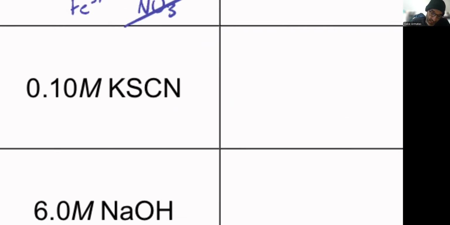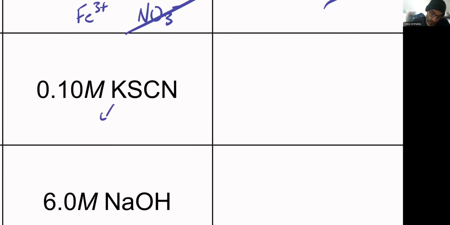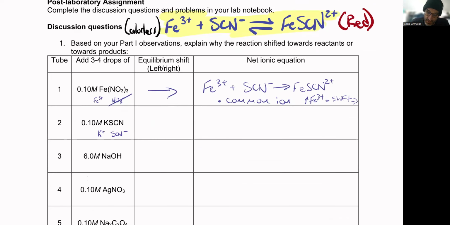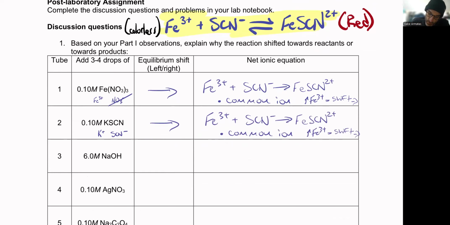So the next one, KSCN. Again, really what I have is K plus and SCN minus. Are either of these in the equilibrium? And it is actually the same exact reason as the previous one, but instead of iron, it is thiocyanate, SCN minus.